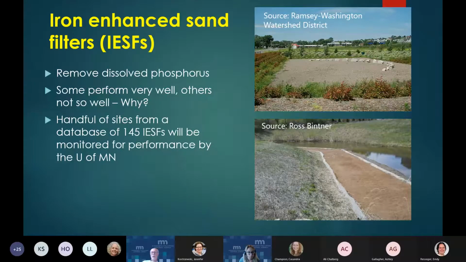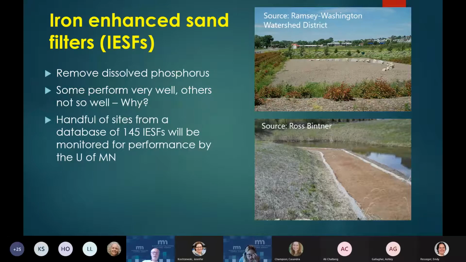So now we're starting to see practices like iron enhanced sand treatment. It's a typical sand filter, but they've added a layer of iron below the main filtration practice. And so the dissolved phosphorus does not get attenuated or retained in that upper sand layer, but as it passes through this iron enhanced layer, the iron scavenges the dissolved phosphorus out.